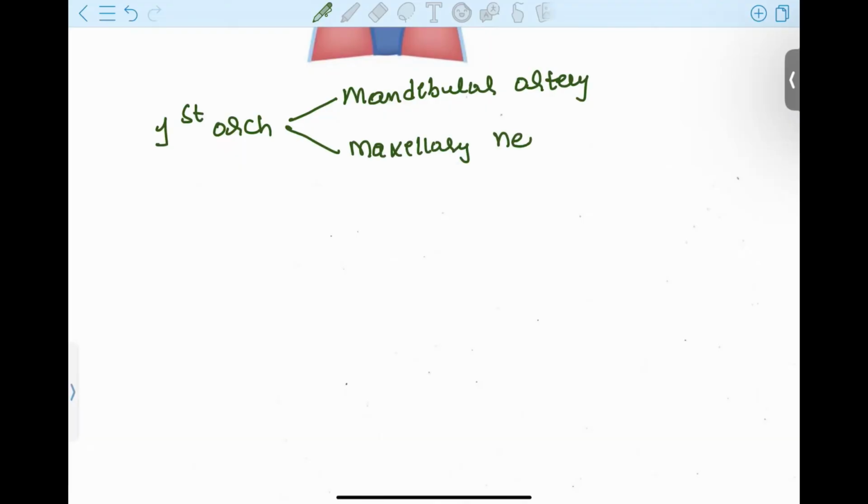So the structures near the mandible and the maxilla are derived from arch one. And next, your second arch is going to be for the stapedial artery and the facial nerve.